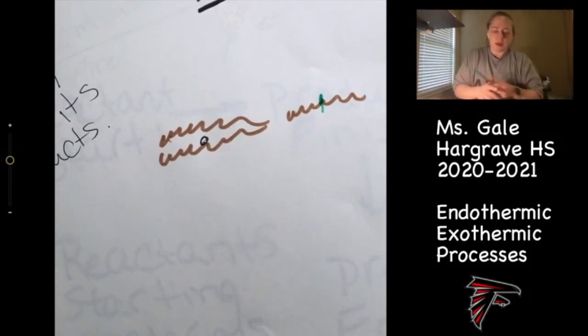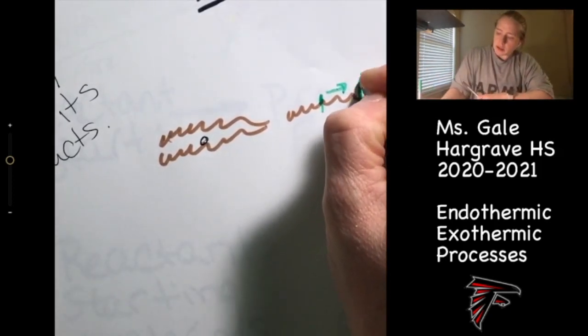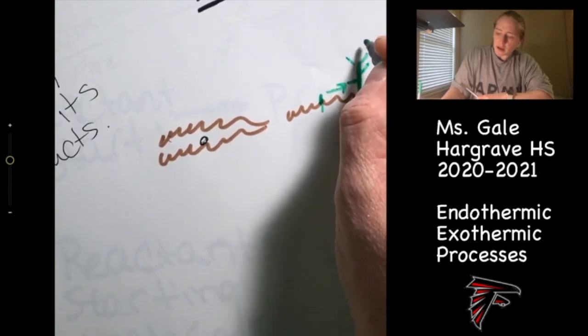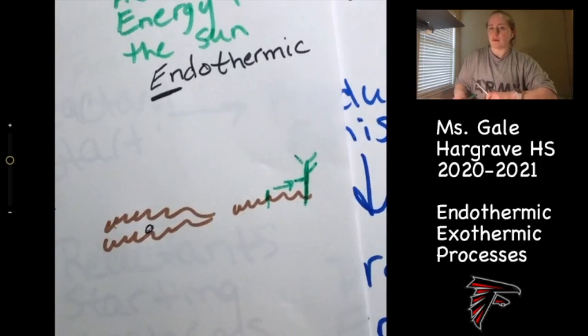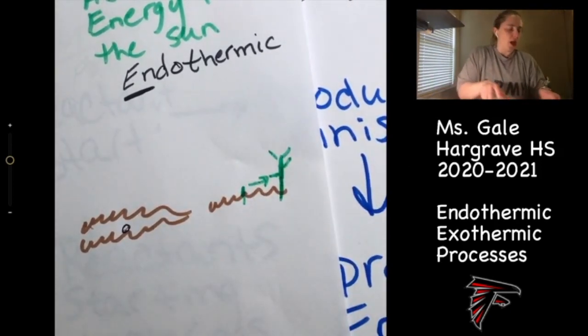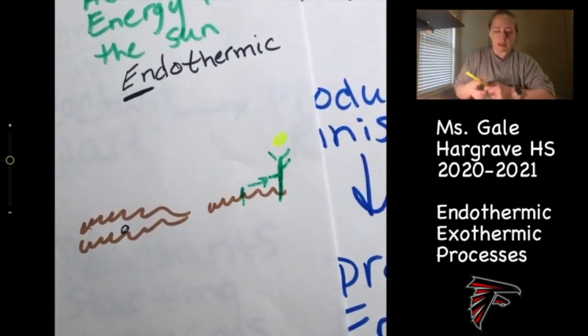That sun adds more and more energy to it. As it goes, that flower keeps growing. As it grows, it finally turns into a full grown plant.